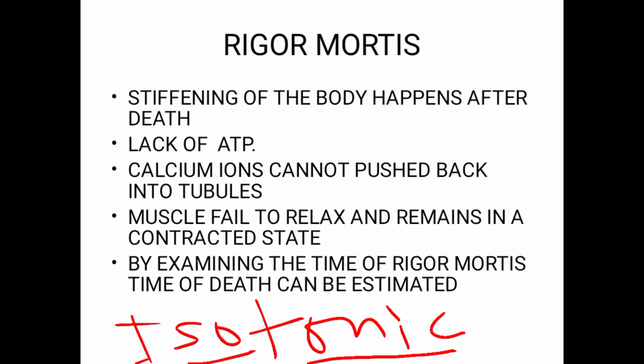For example, for the isotonic condition, if you do flexion of your arm, flexion and extension, when you do the folding of your arm, the tension remains the same and the muscle length changes. In the isometric condition, like pulling a heavy object or pushing a wall, your length will be the same and only the tension will increase.